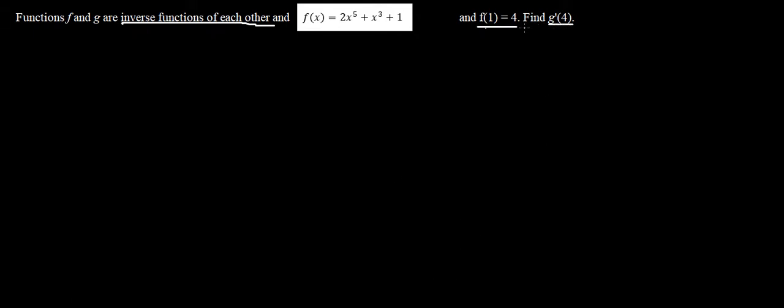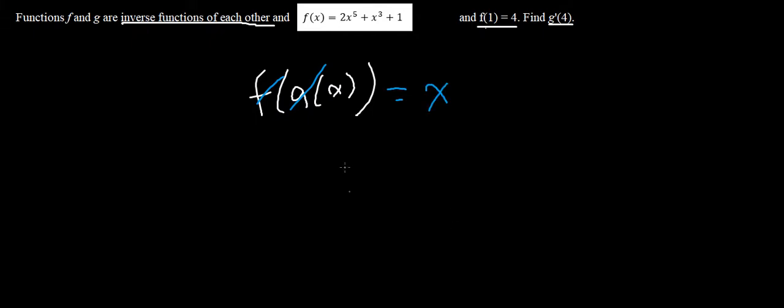So what exactly is g prime of 4? Secretly, they're asking us an inverse function derivative question, because remember, g is an inverse function of f. Because they're inverses, if you do something like f of g of x, they will undo each other and you will be left with x.